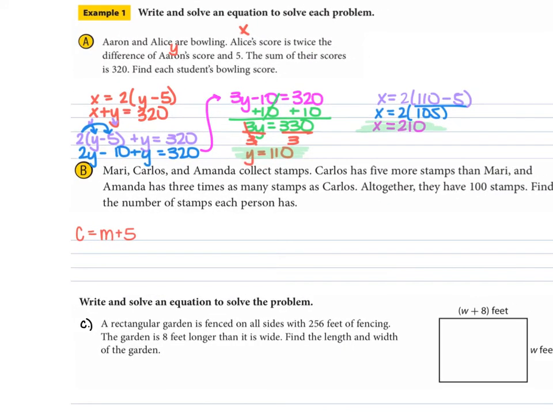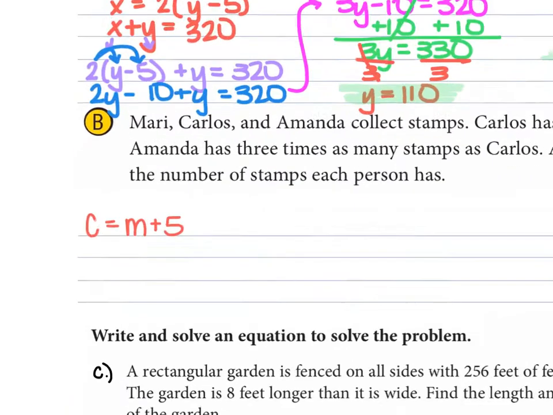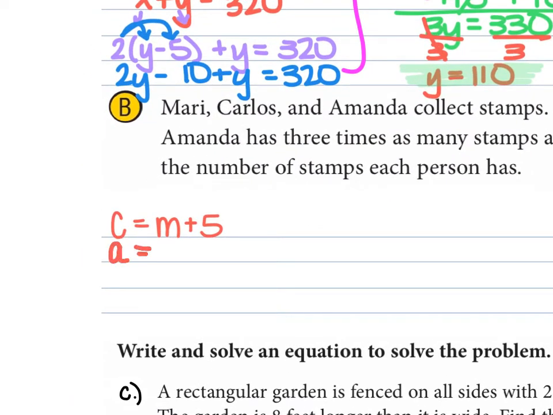Then it tells us that Amanda has 3 times as many stamps as Carlos. So A for Amanda is going to be 3 times Carlos. All together, Amanda, Carlos, and Mari have 100 stamps in total. Now, Carlos is M plus 5.